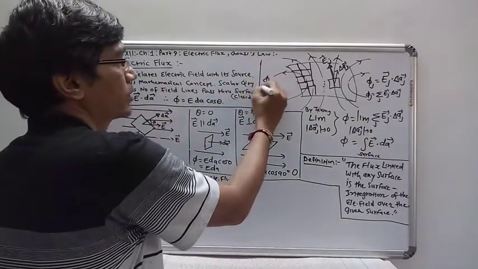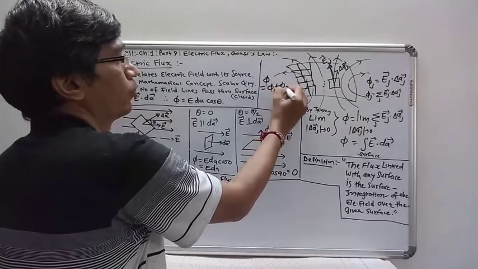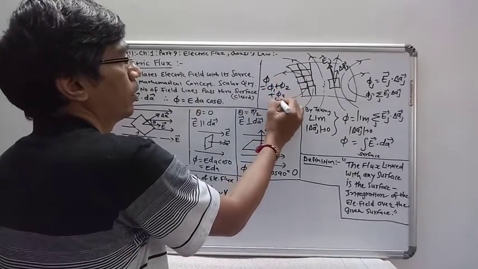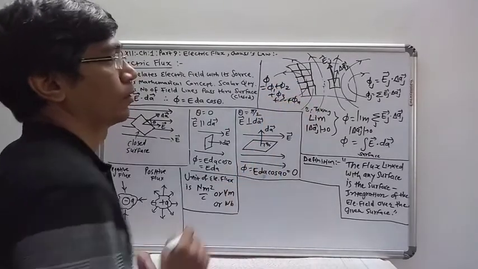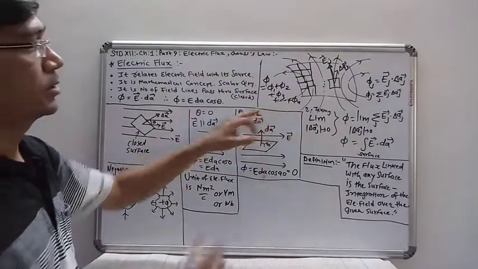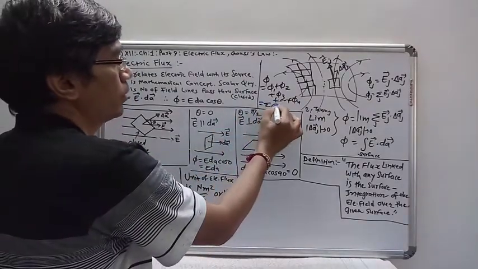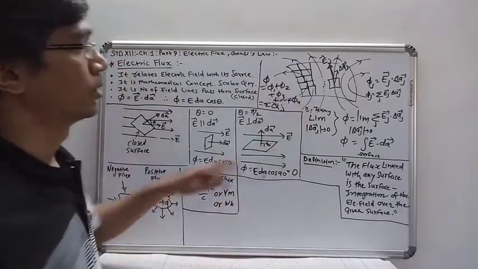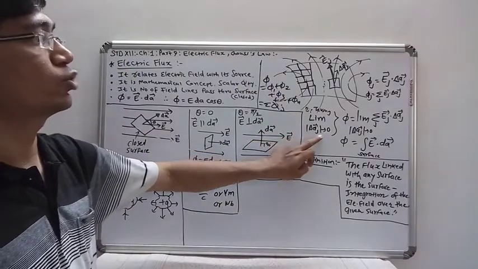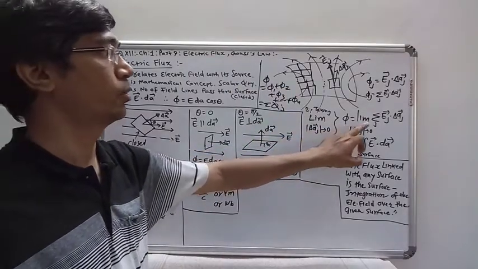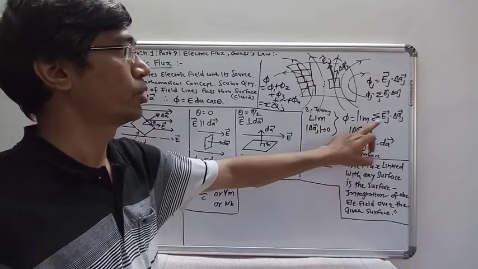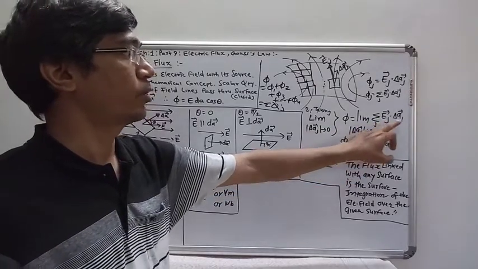So total flux is given by phi 1 plus phi 2 plus phi 3 up to phi n, the summation of the flux j. By taking the limit delta Aj tends to 0, flux is equal to the limit of sigma j Ej dot delta Aj.